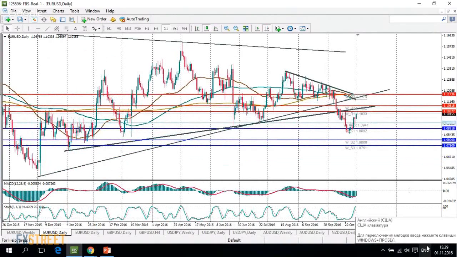If we look at the fundamental factors for the euro and try to see whether the single currency has its intrinsic strength to get higher versus the US dollar, then we can see that data released in the euro area last week were mixed.